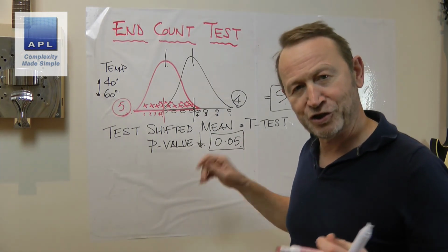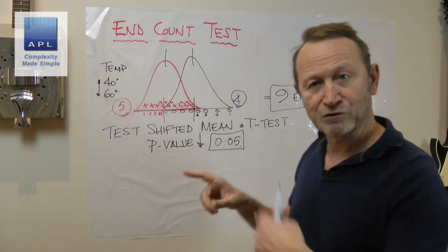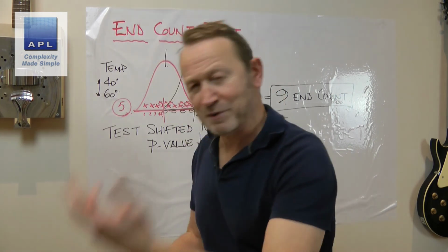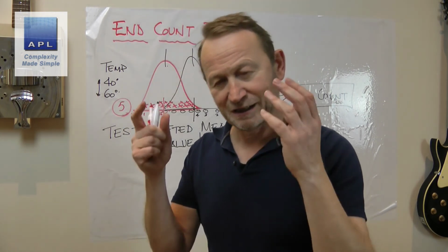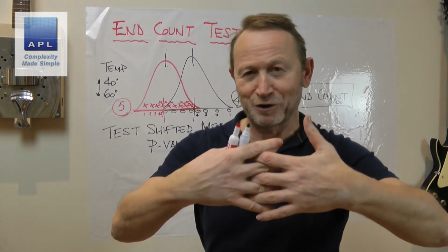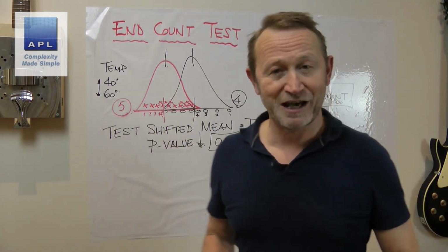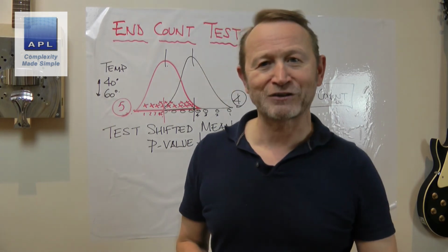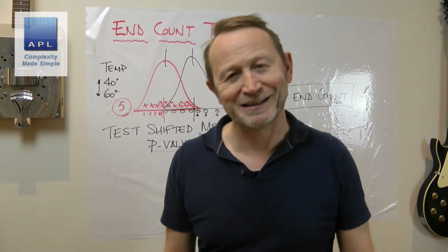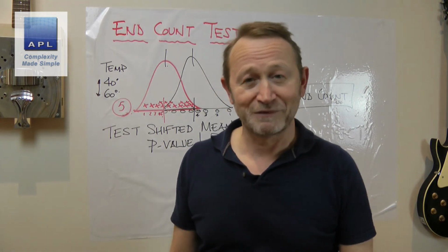You'll have a significant shift. If you get the higher end counts and you think you've got a smaller p-value than that, when you do the maths, the p-value will agree with the end count. Literally the end count and the mathematics are always correct with one another. So this is a fantastic test to do. It's highly practical. You don't need any flipping maths to do it. You can do it in 20 seconds and it works.